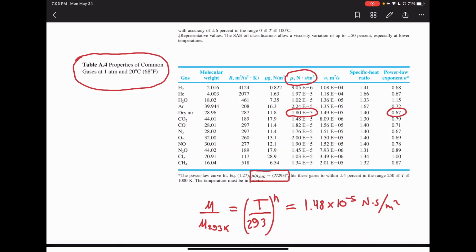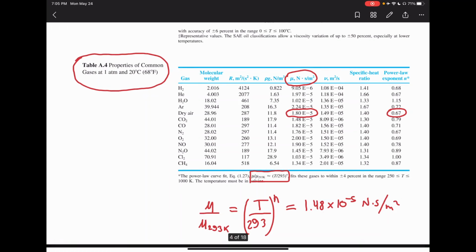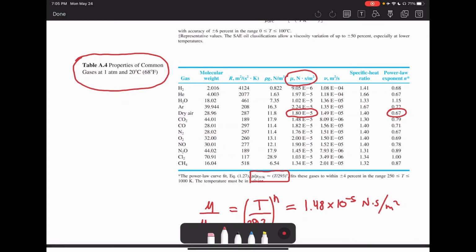So we now have a temperature of 100 degrees Celsius, so we apply the same equation with our n now for helium, 0.67, which is actually the same power law exponent.